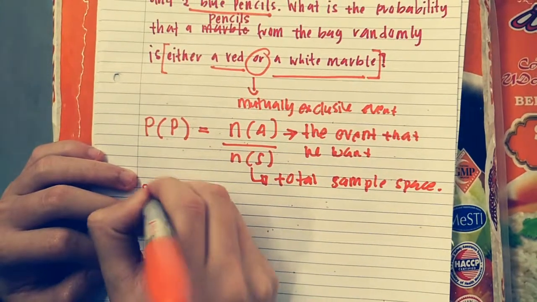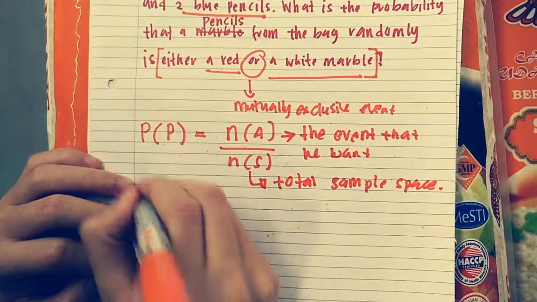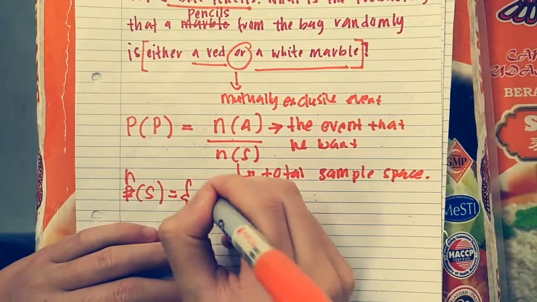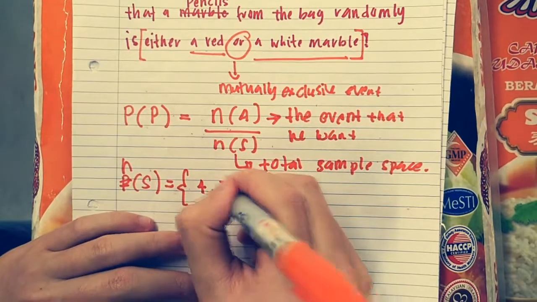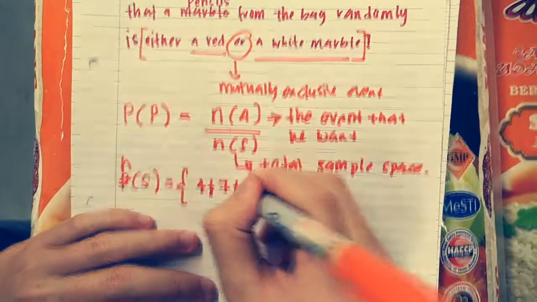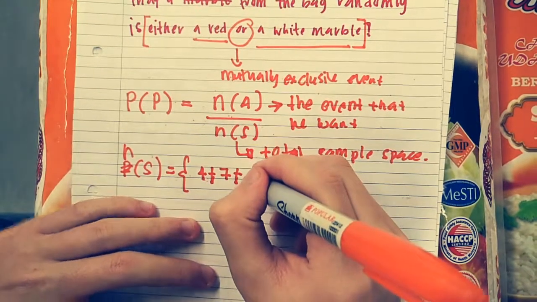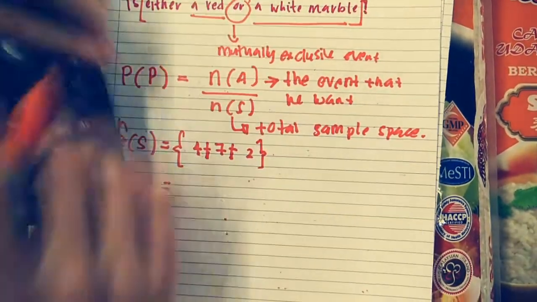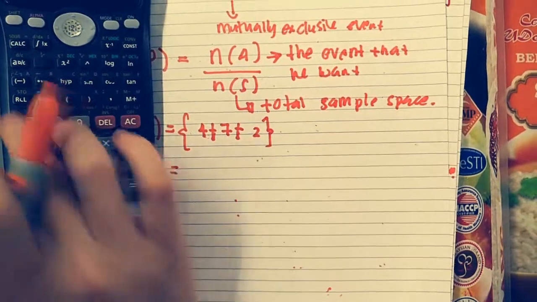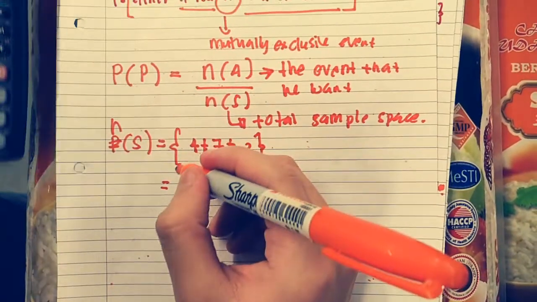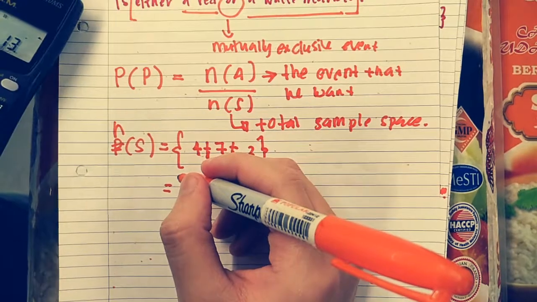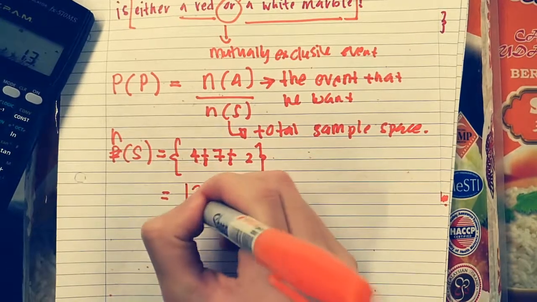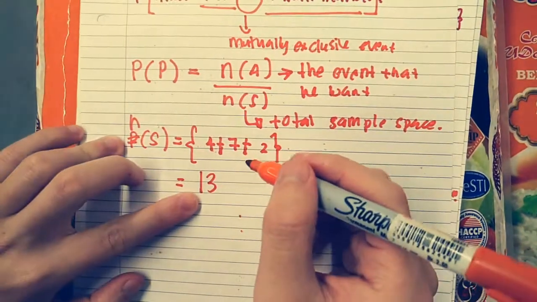For the sample space, n(S) equals 4 plus 7 plus 2. So we get 13. Our total sample space is 13.